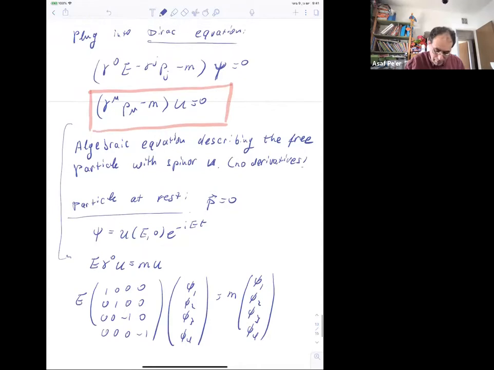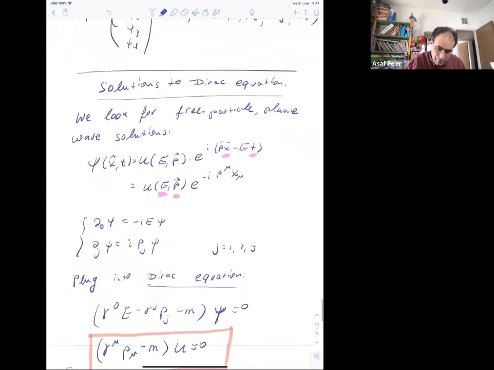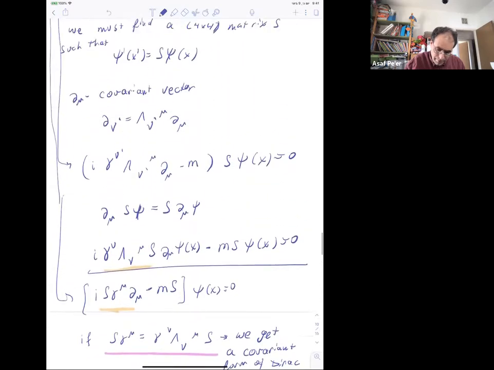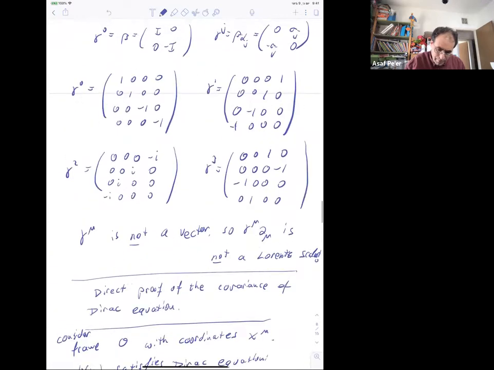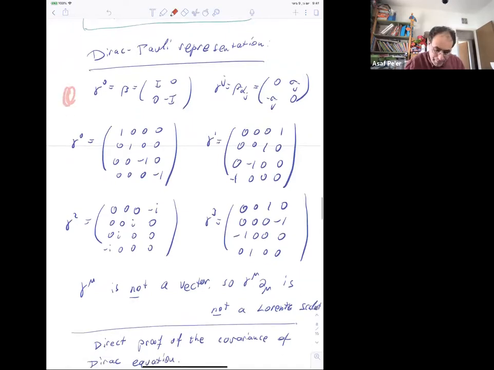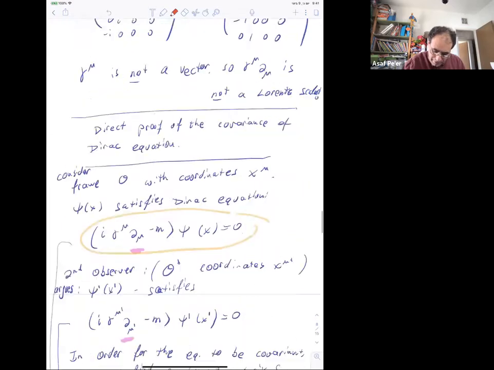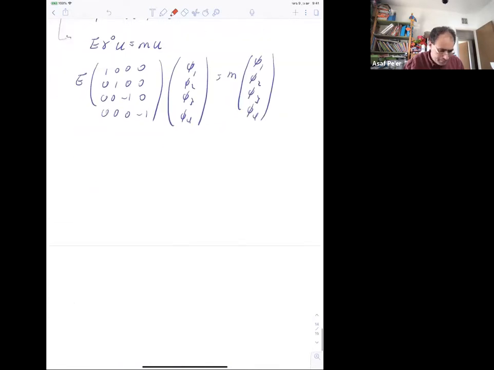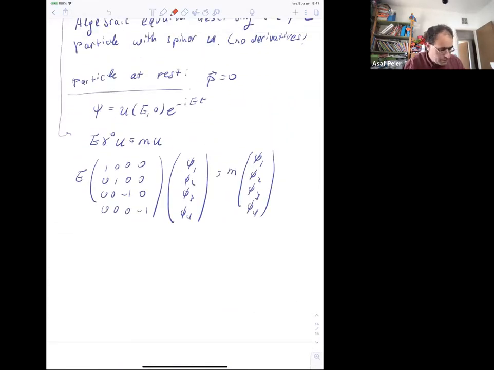Remember, I wrote down specifically what gamma 0 is. Here it is. This is gamma 0, and the phi are the four components of the spinor u. So gamma 0 is diagonal, and there's no problem.